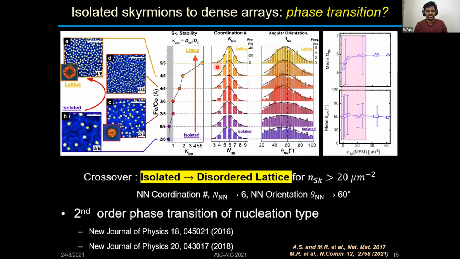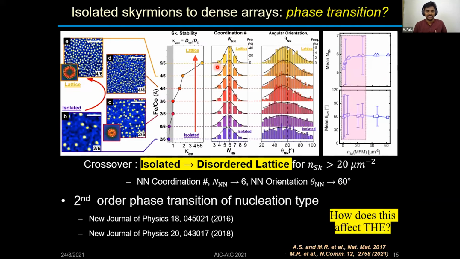A quick analysis of the lattice configuration of the Skyrmion texture points out that as we increase the density, a disordered hexagonal lattice phase emerges as a function of Skyrmion density. As you increase the Skyrmion density, for example, the nearest neighbor coordination number approaches 6, and their angular orientation increasingly focuses around 60 degrees, which is characteristic of the hexagonal lattice phase.